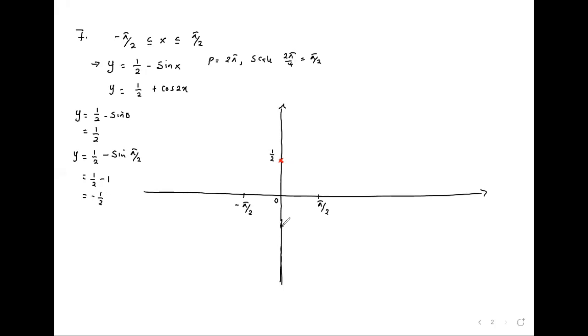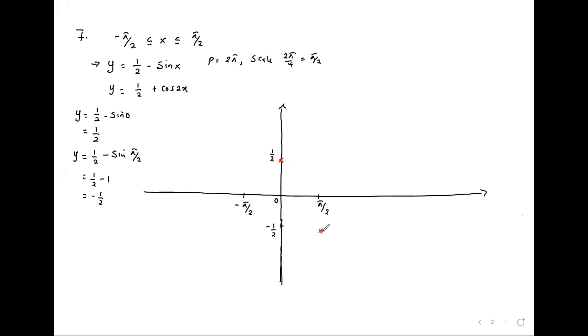So we have negative half, so we get this thing here. So what we are having now is, oh, the point has been mislabeled. It's supposed to be 90, comma, half, negative half there.